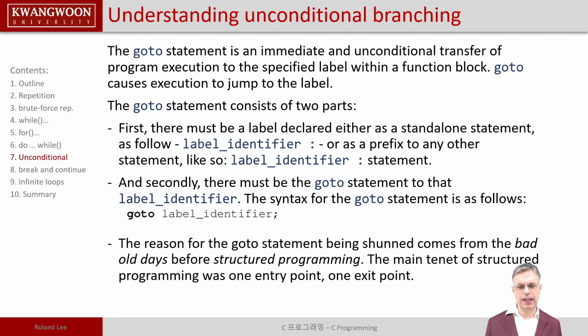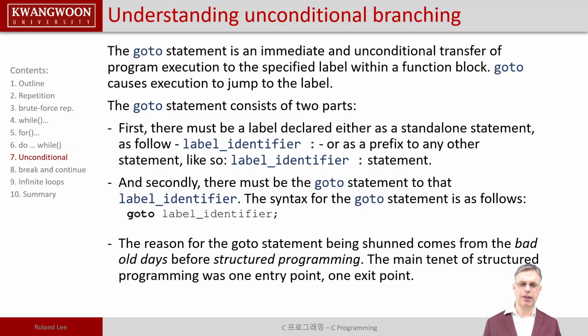Goto causes execution to jump to the label. In current C, unlike the bad old days, goto may not jump out of a function block, and so it may neither jump out of one function into the middle of another, nor out of one program into another program.